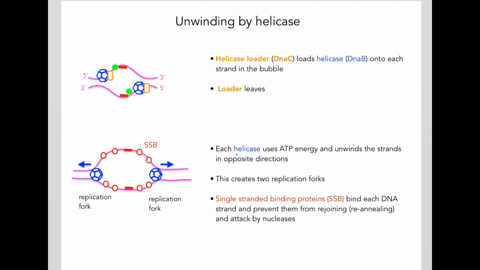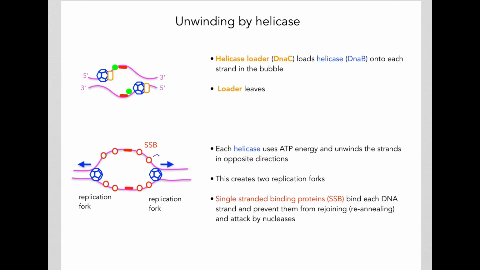Now each of the helicases will use ATP energy and will start unwinding the two strands in opposite directions. So this helicase will travel in this direction, unwinding these two strands, while this helicase will travel in this direction, unwinding these two strands.